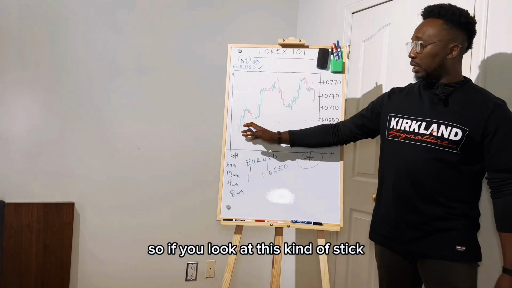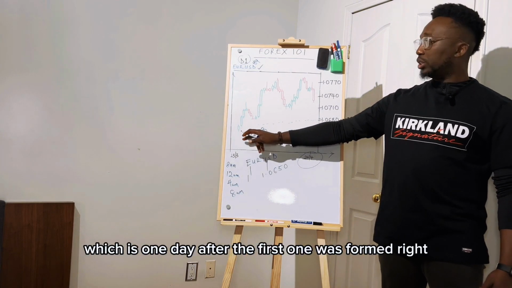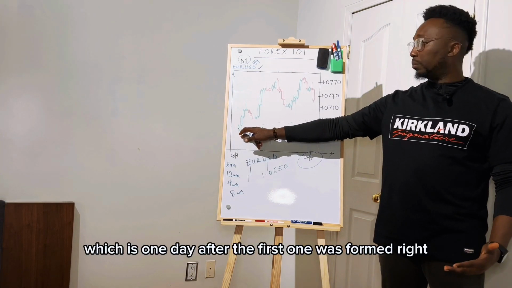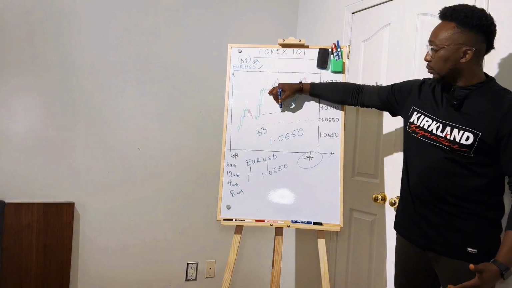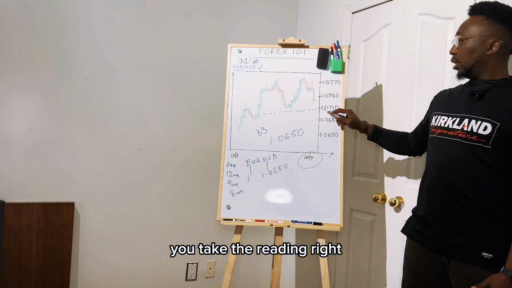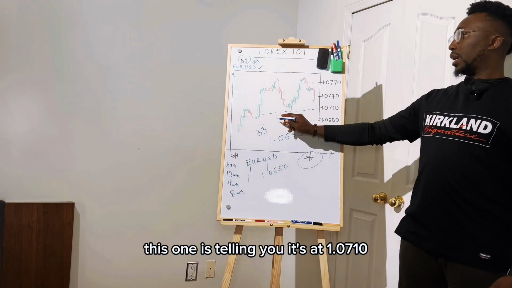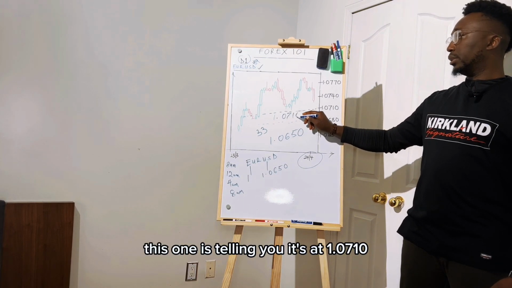So if you look at the next candlestick, which was formed on the 24th, which is 1 day after the first one was formed, you trace to this part and take the reading. And this one is telling you it's at 1.0710.